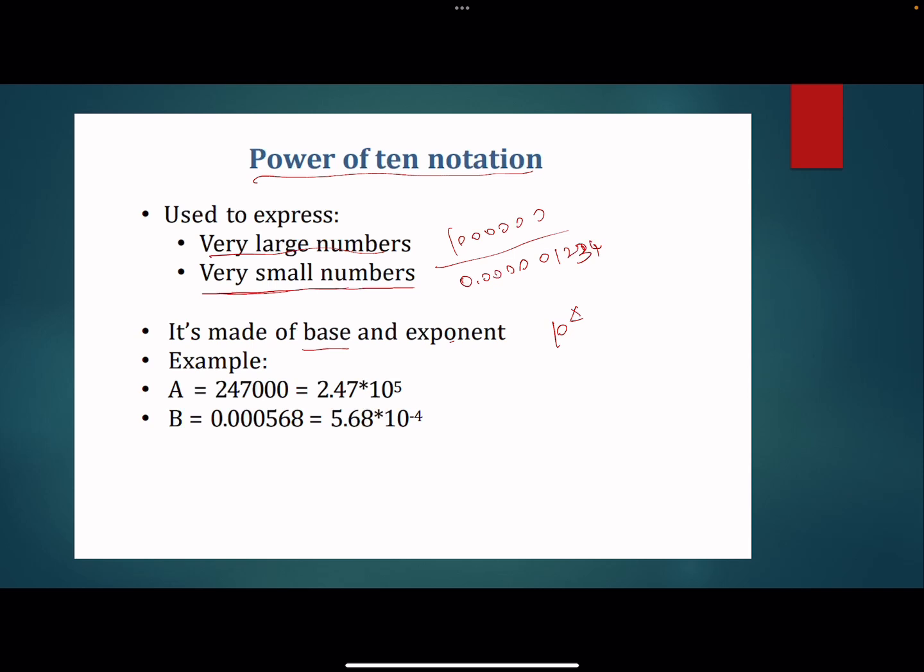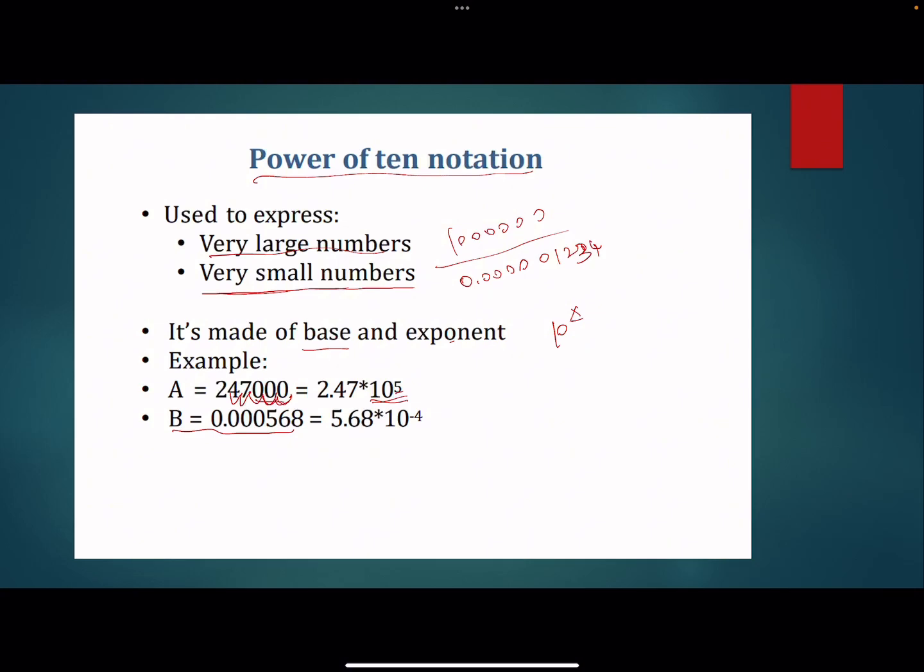Example, let's say a equals 247 followed by 3 zeros. The decimal is here. Every time we move the decimal to the left, we add 1 to the exponent. So 1, 2, 3, 4, 5. We move the decimal 5 times from right to left. That will give us 10 to the 5. So 2.47 times 10 to the 5.